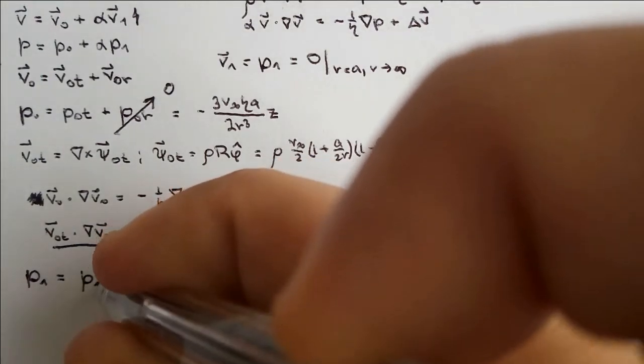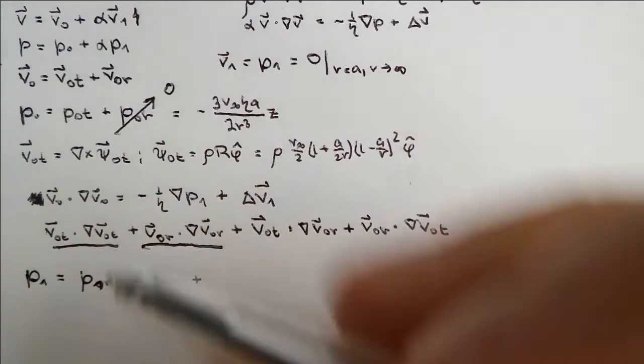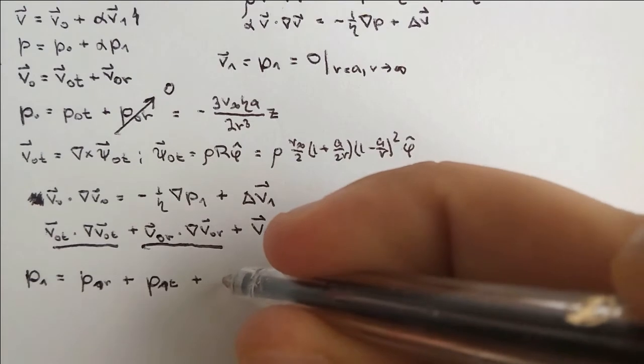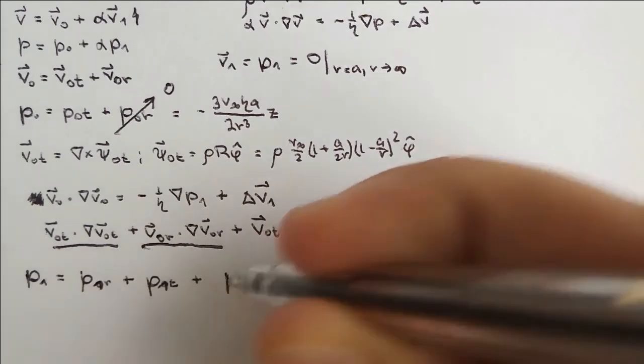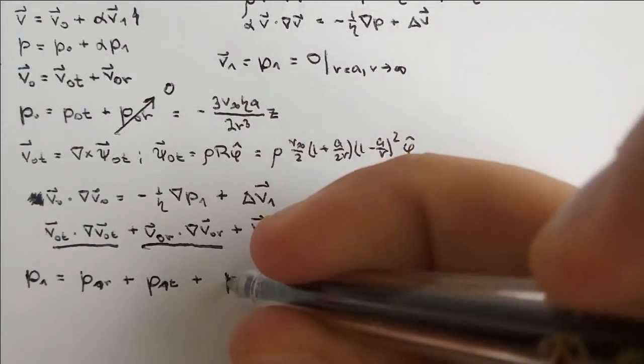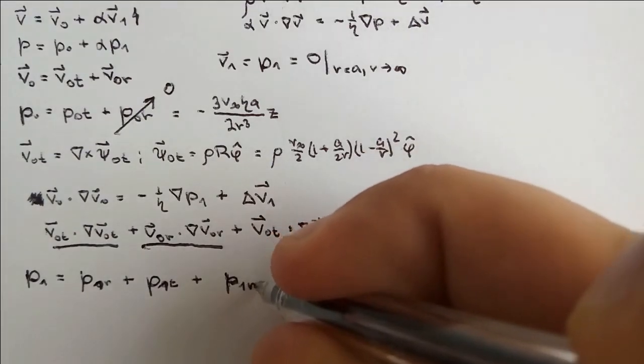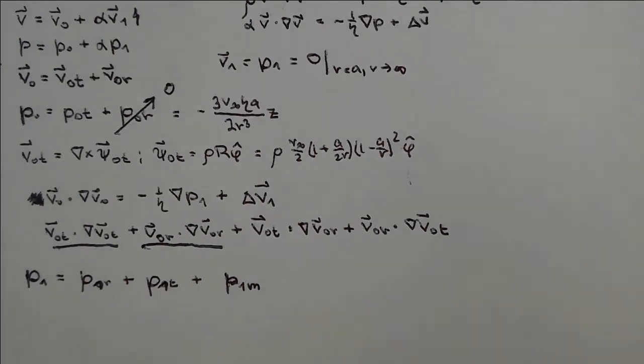This is 1 because it's not the pressure 0 but the solution of the problem, the first approximant, the first iteration. So this is 1, rotational and translational part, and then there is another function, I can call it P1m, like P1 Magnus term, which will arise from the problem.